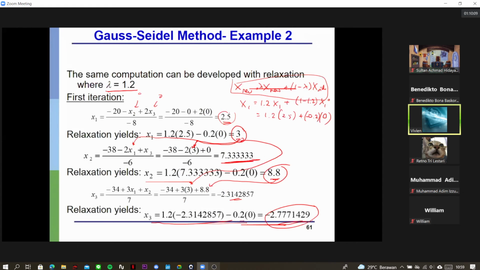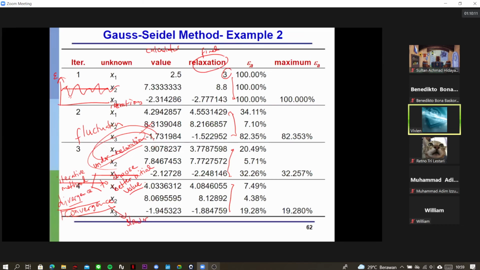That is about the under relaxation factor. But if the calculation progresses very well, you can use it without a relaxation factor. Is that answering your question, William?